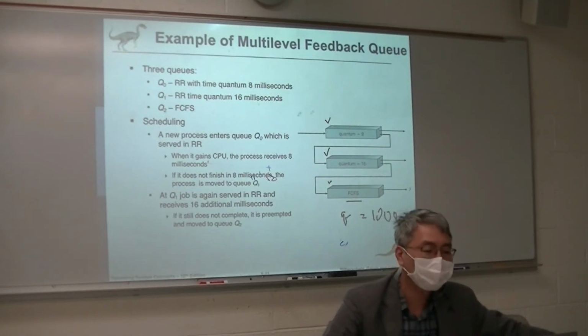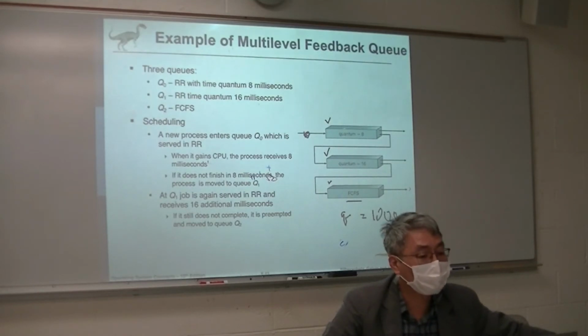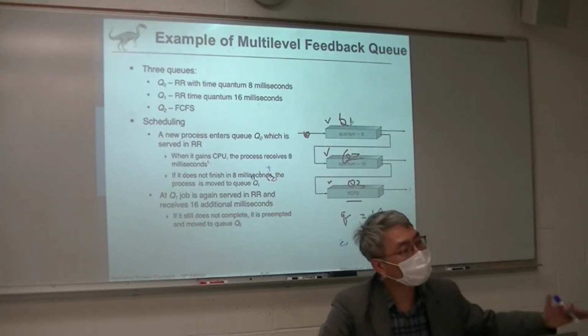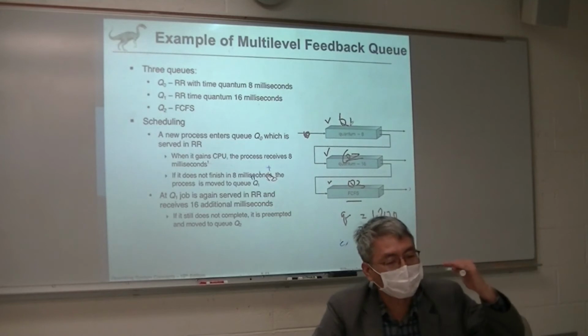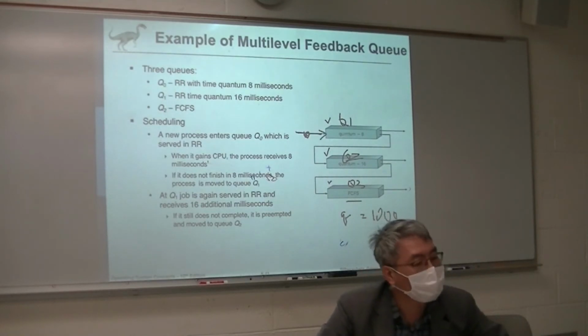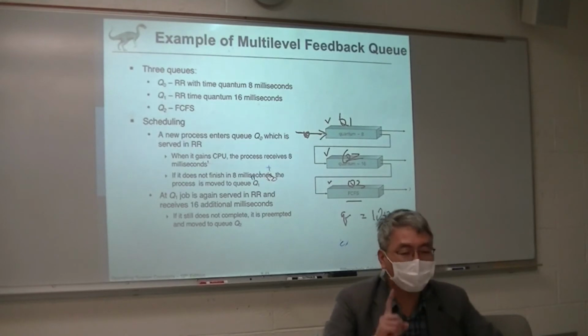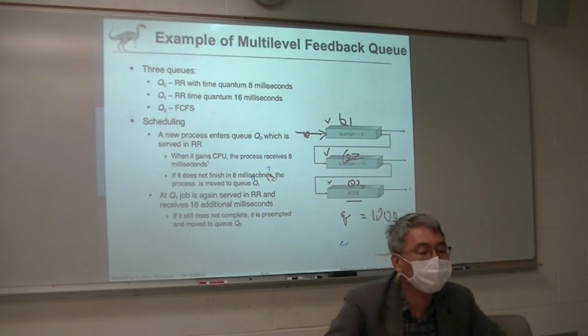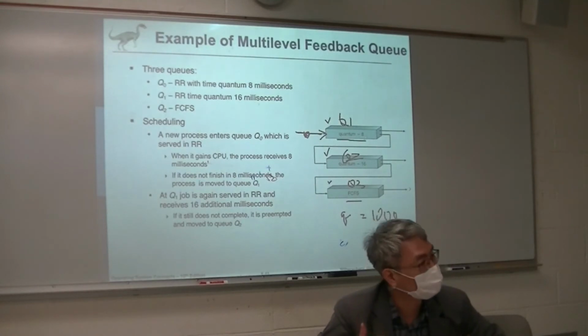Then, the shorter quantum is the first queue. Let's say this is Q1, this is Q2, and this is Q3. Q1 has the ready queue, and all processes come to this queue, Q1. Then they get at least one round of CPU, quantum size 8.